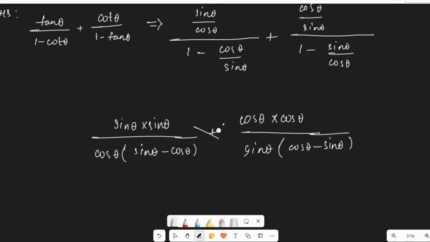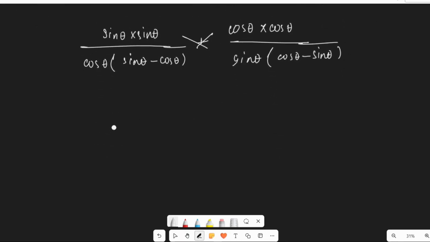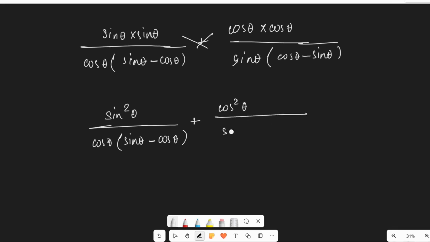So we can cross multiply them, and this will be something like, okay, let's write down this first, that is sine square theta by cos theta into (sine theta minus cos theta) plus cos square theta by sine theta into (cos theta minus sine theta).